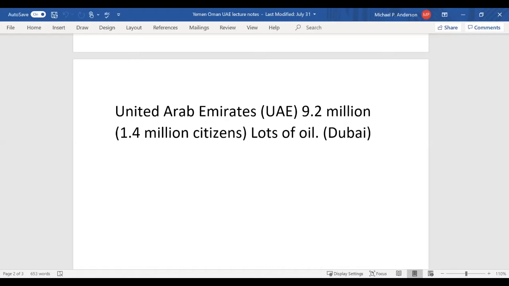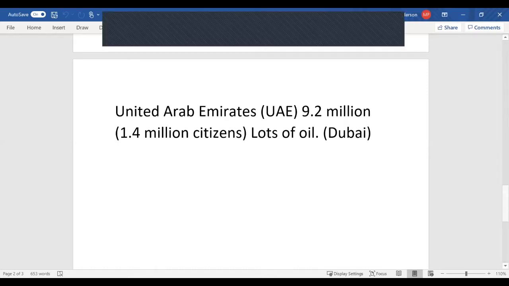Now, United Arab Emirates are doing some amazing things with all that money that they've got. They are building some incredible buildings, including the tallest building in the world, the Khalifa Tower, which is 160 stories high. It's basically a half-mile high, the tallest building in the world.